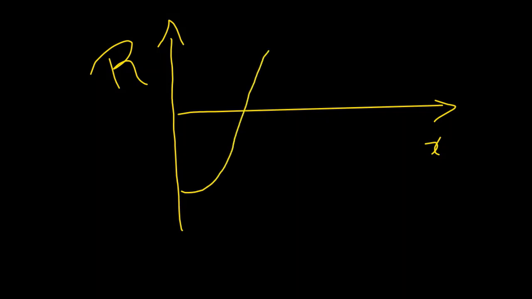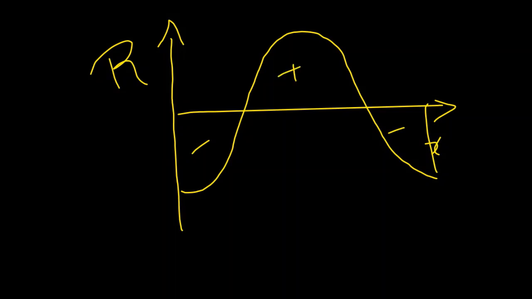If you are making the area of the error curve 0, there is a possibility for a negative loop as well as a positive loop. So this is negative, and this is positive.